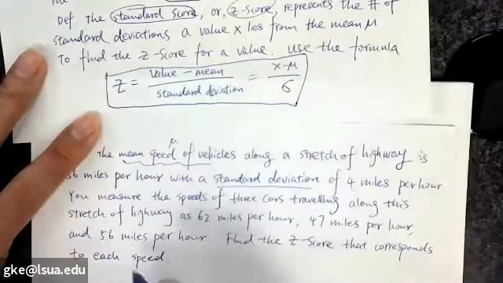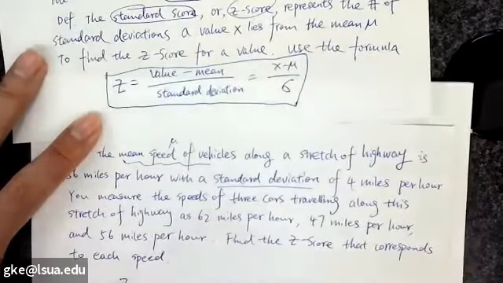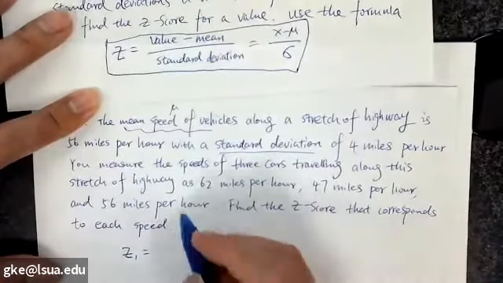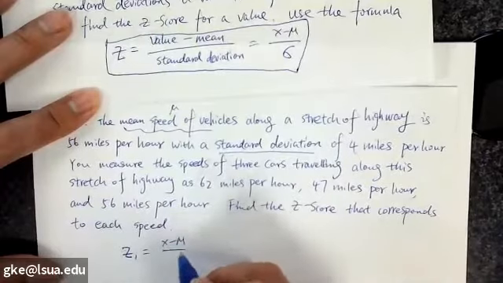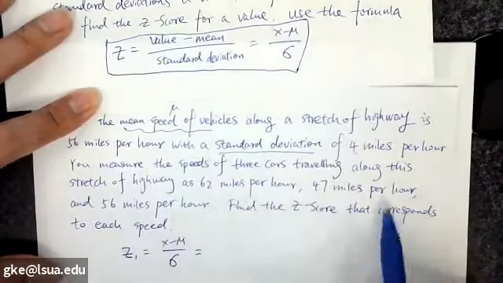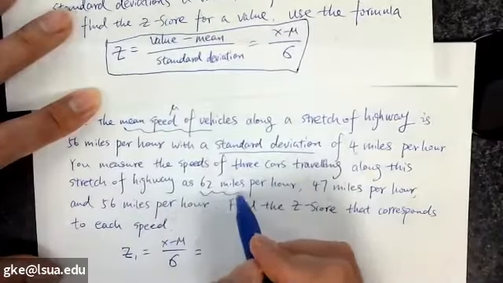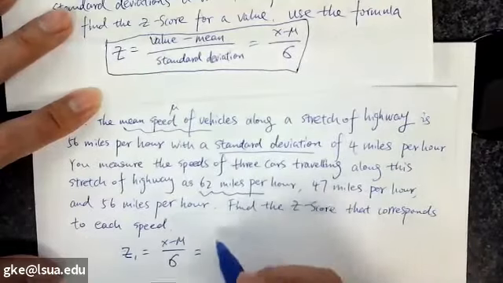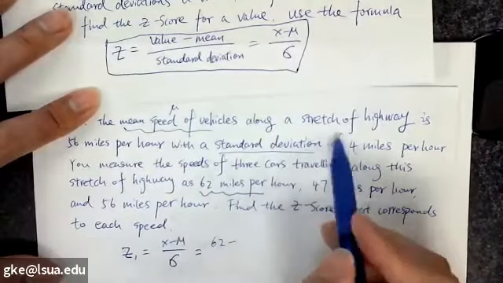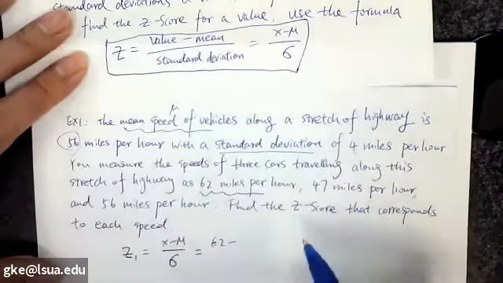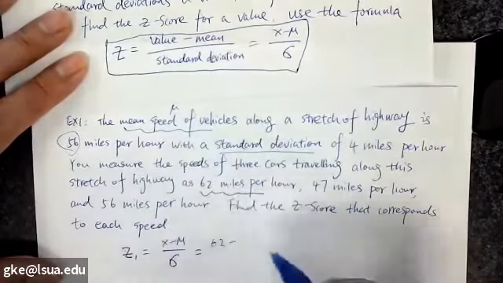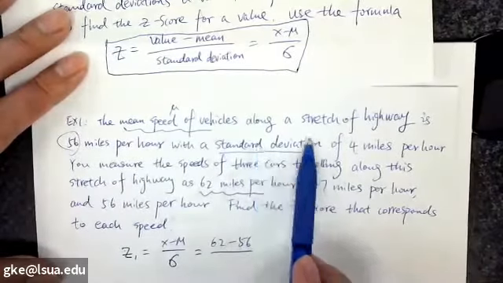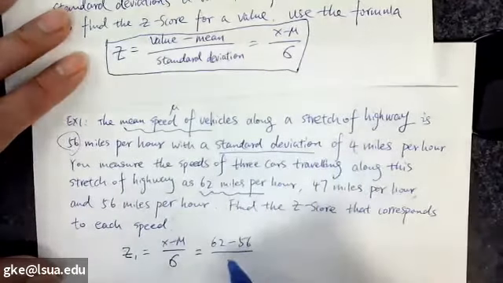So let's take a look. The first one, z equals, we're going to use the formula, right? And for the first entry, I want you to calculate 62. So we plug in 62. Mu is 56, the mean value, and the standard deviation here gives you 4.